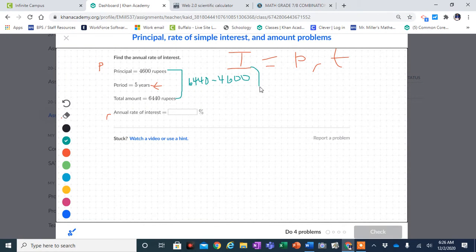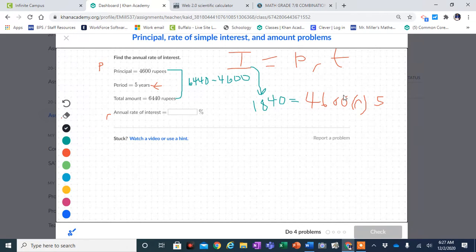So that means that my interest is 1,840. That then is going to be equal to the principal, which was 4,600, times the rate, which we don't know, times the time, which is 5 years.